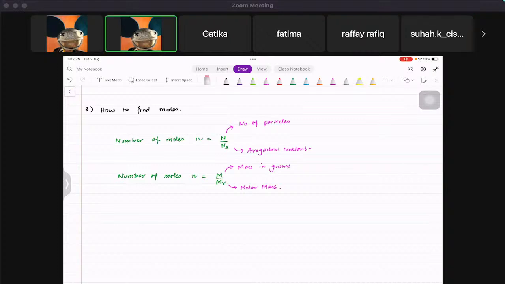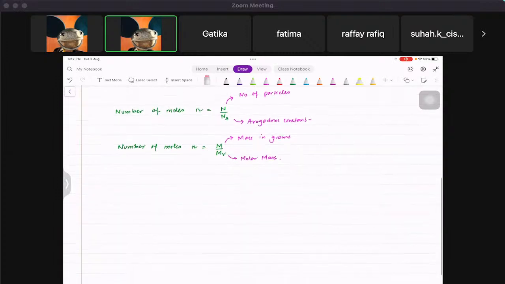Okay, to find the moles, it's pretty simple. I'll give you very basic examples. Those who haven't done chemistry should know that, let's suppose the question says there are 300 grams of helium compressed in a cylinder.